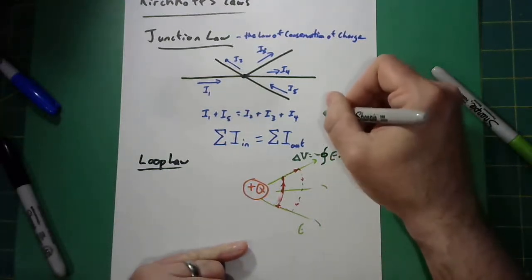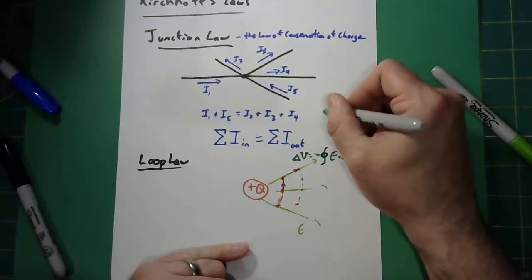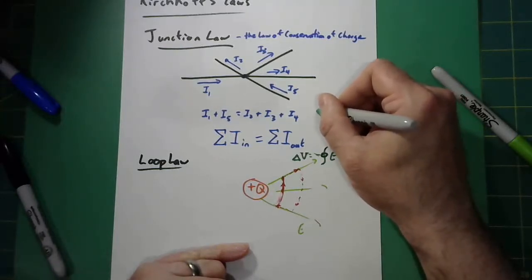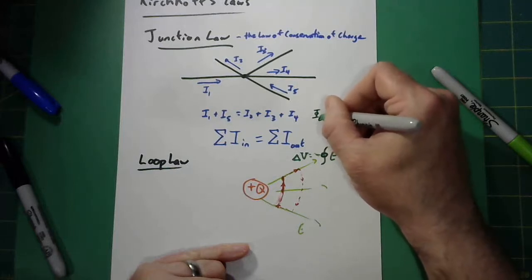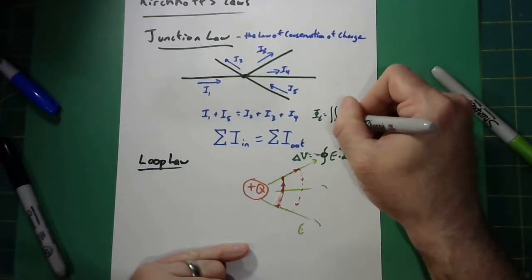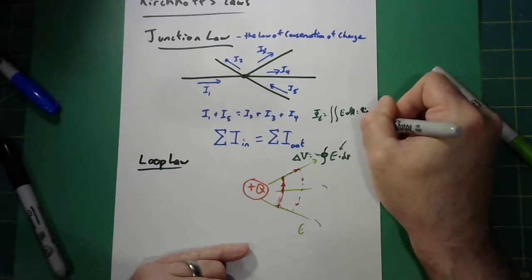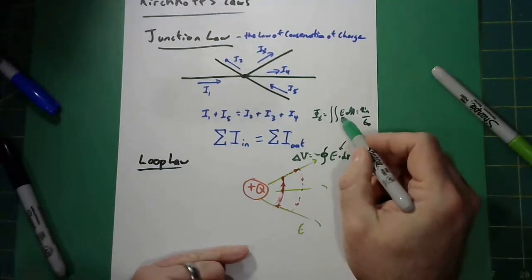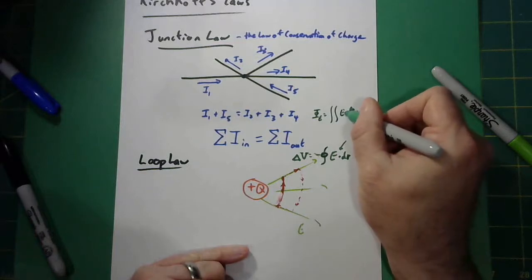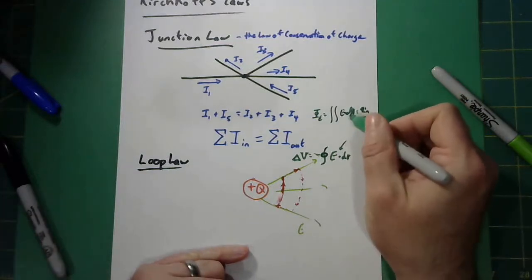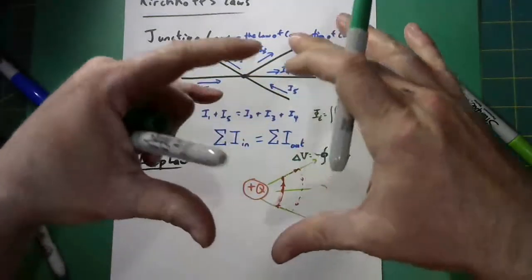You saw me do a calculation like this before, with a different formula. When we did Gauss's law for electric fields, we did an integral of E dot dA is Q in over epsilon naught. There I did the E field dotted with area, and I had to have a closed surface.